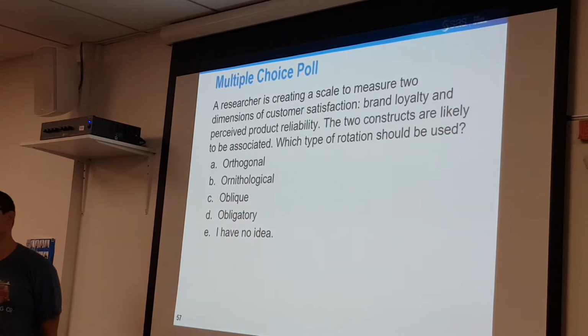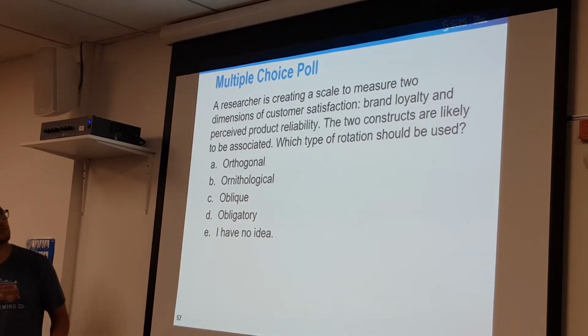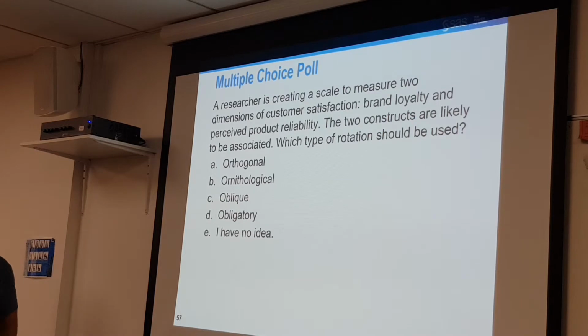Right, so let me show you an example. Say a researcher is creating a scale to measure 2 dimensions of customer satisfaction, brand loyalty, and perceived product reliability. These 2 constructs are likely to be associated. So in that instance, which type of rotation should you use?